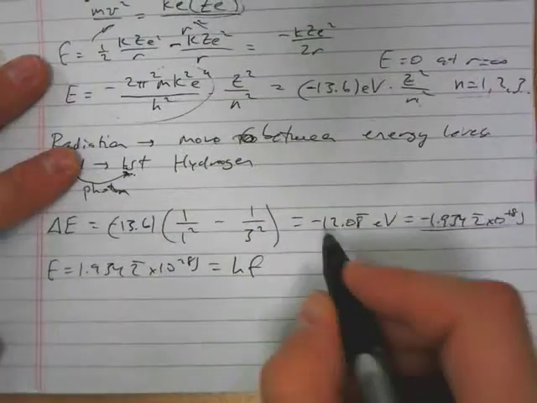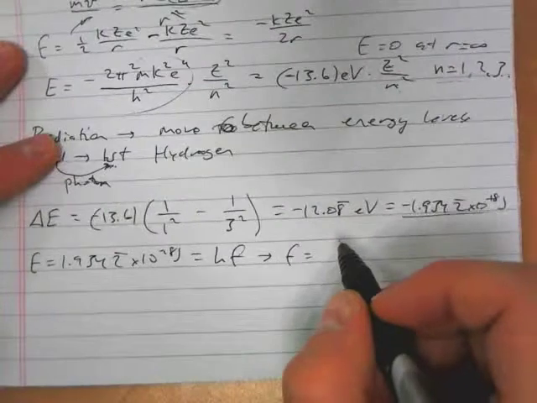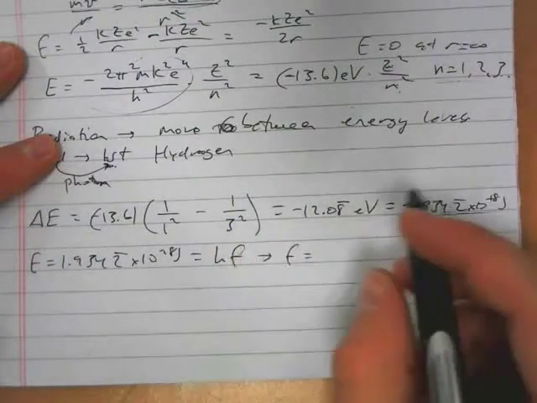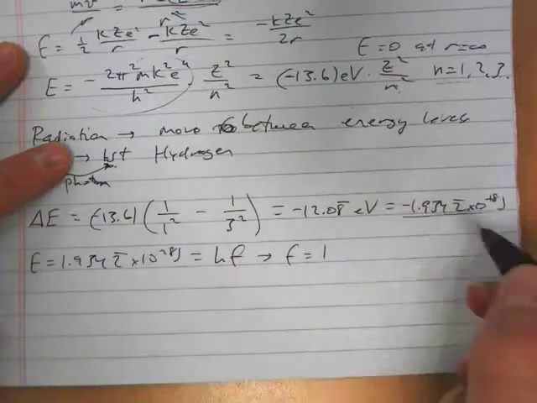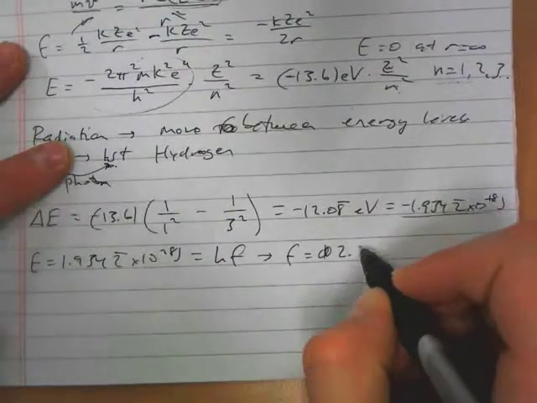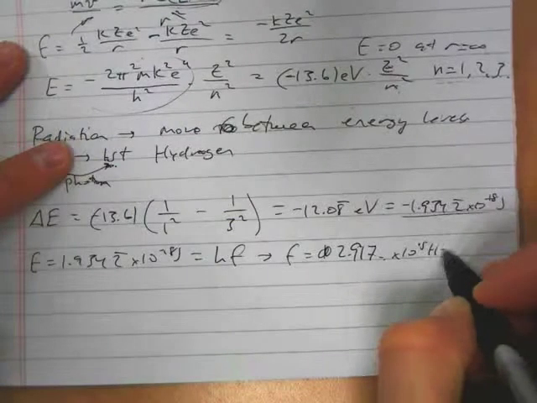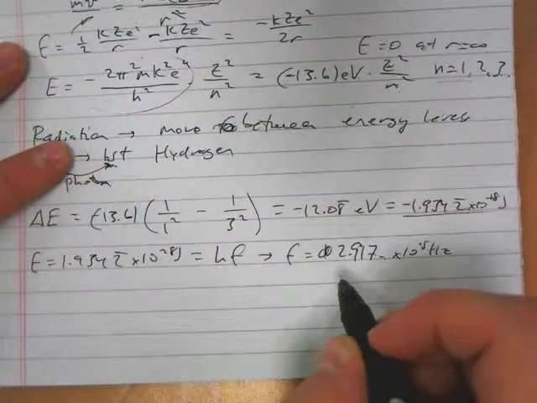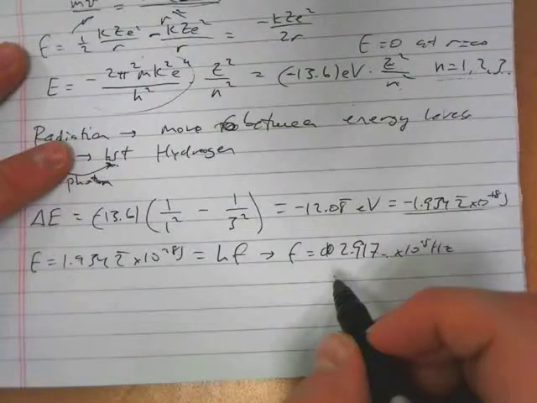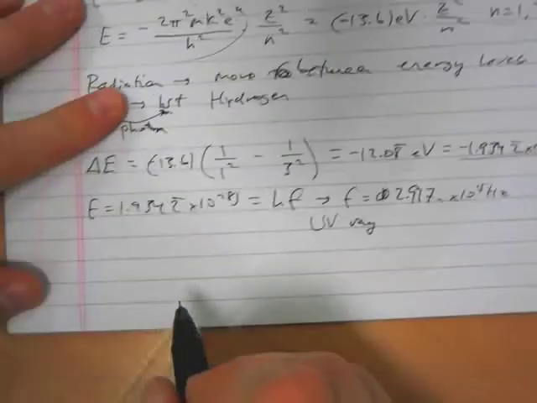And we can plug in those numbers and get a frequency of 2.917, etc., times 10 to the 15th hertz, which, as it turns out, is a UV ray.